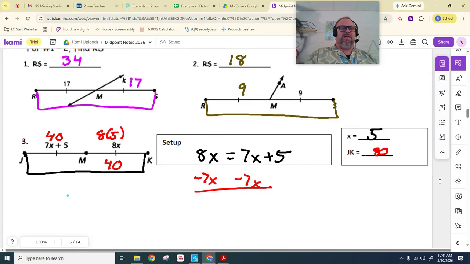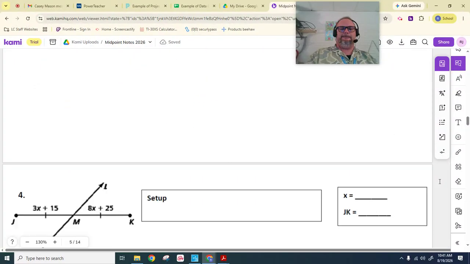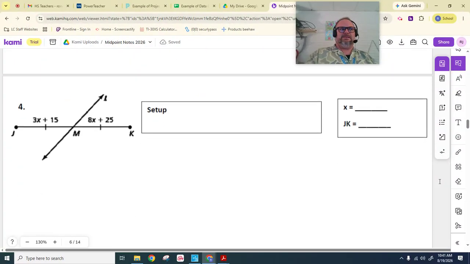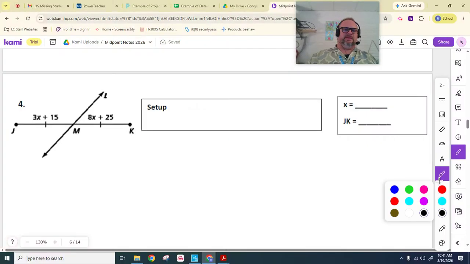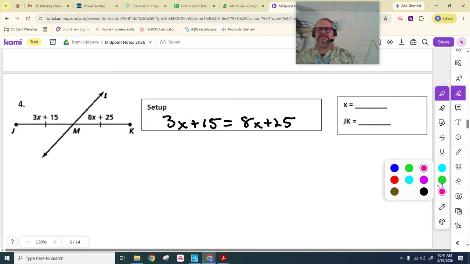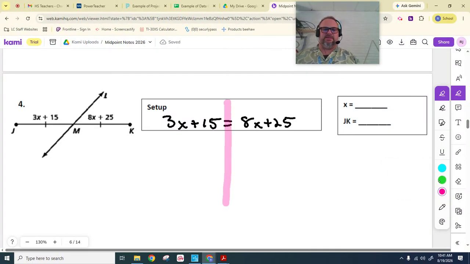All right. Are we good through 3? May I move on to the next part on the slide? Yes. All right. So, set them equal to each other because they're congruent. That's what those little hashes mean. All right. I did see a lot of people doing the lines down through here.